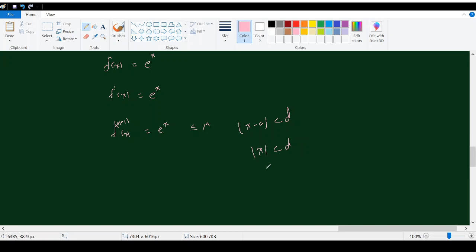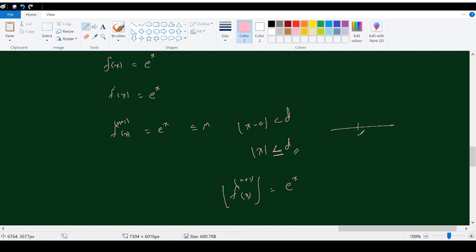Now just suppose d is any positive number, right? So for any positive number, when |x| is less than or equal to d, we can easily say that our function, the (n+1)th derivative, which is equal to e to the power x, is an increasing function, right?